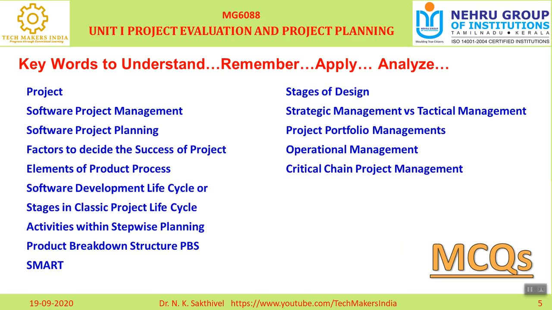Okay. Next one is critical chain project management. What is critical chain project management? It is a method of planning and managing projects. Okay, the purpose is to emphasize the resources required to execute the project tasks. So critical chain project management is one type of idea.